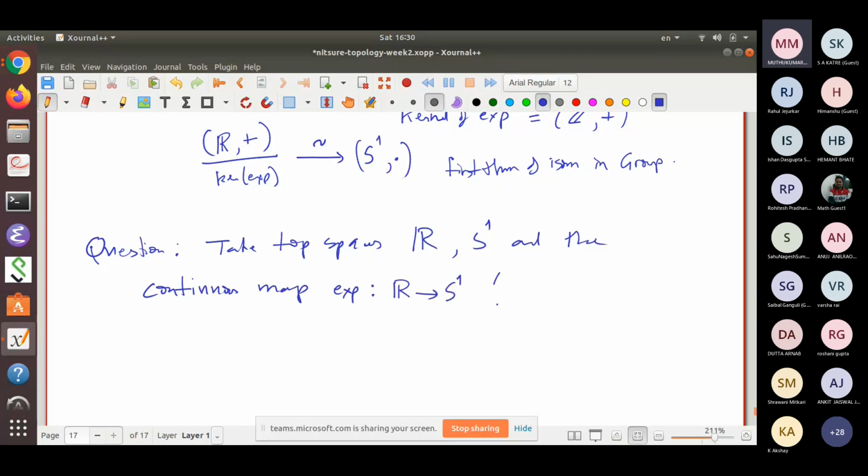Of course, here I am assuming it is continuous. Let's settle this little point before going on. Are you sure exponential is continuous?